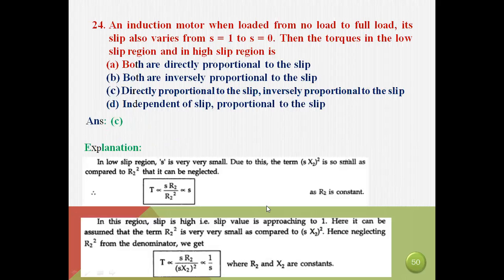Again, if there is a question like an induction motor when loaded from no load to full load, NL to FL, its slip also varies from maximum to minimum. Then torque in the low slip region and in the high slip region will be as we have seen how it is dependent.